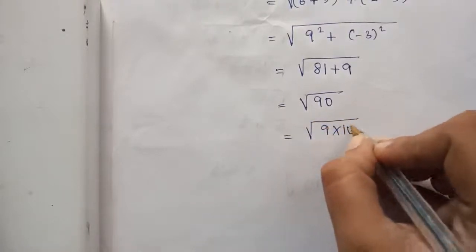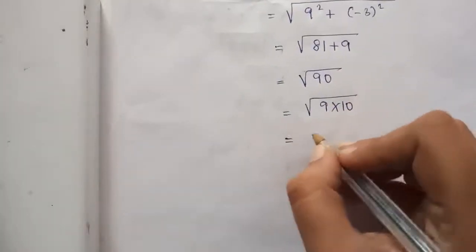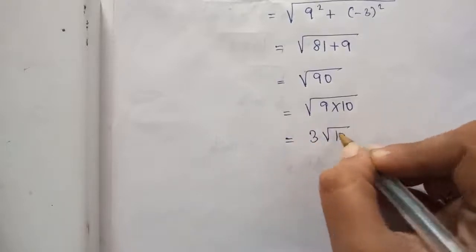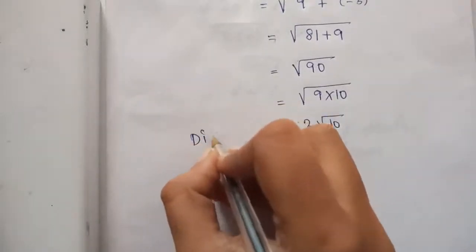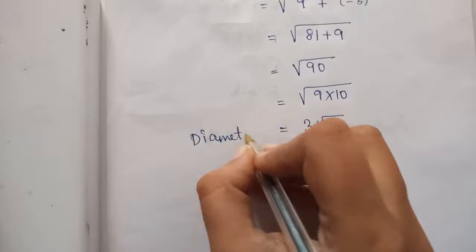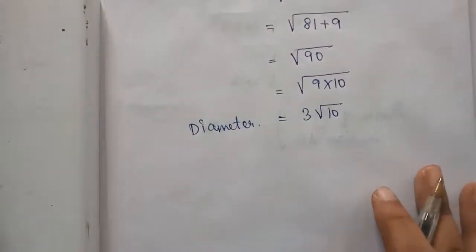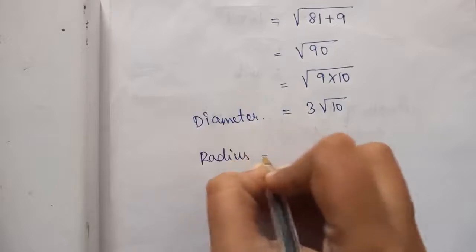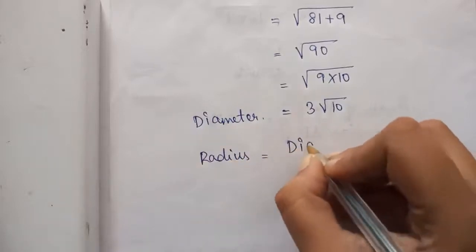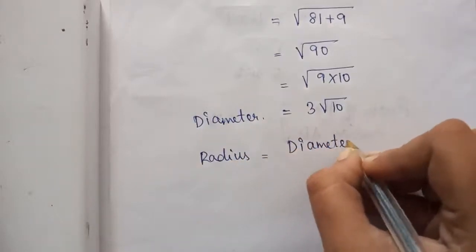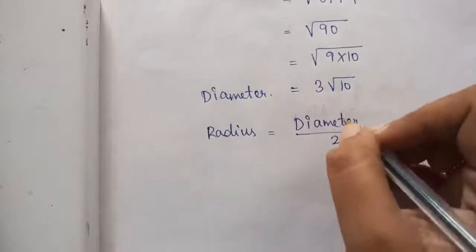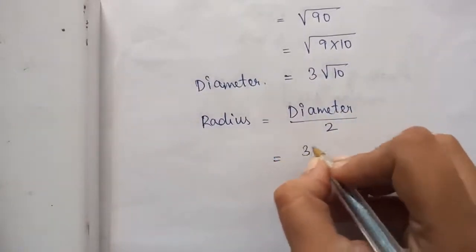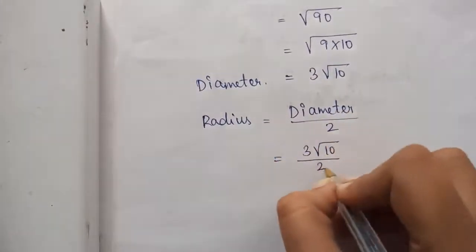Root 90 is 9 into 10, and root of 9 is 3. So the diameter is 3 root 10. Now you can easily find the radius from it. The radius is equal to diameter divided by 2, so 3 root 10 divided by 2.